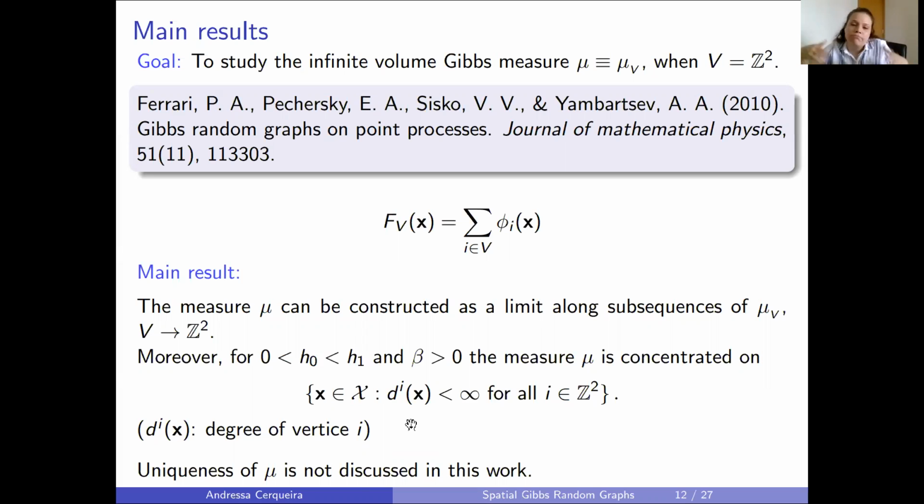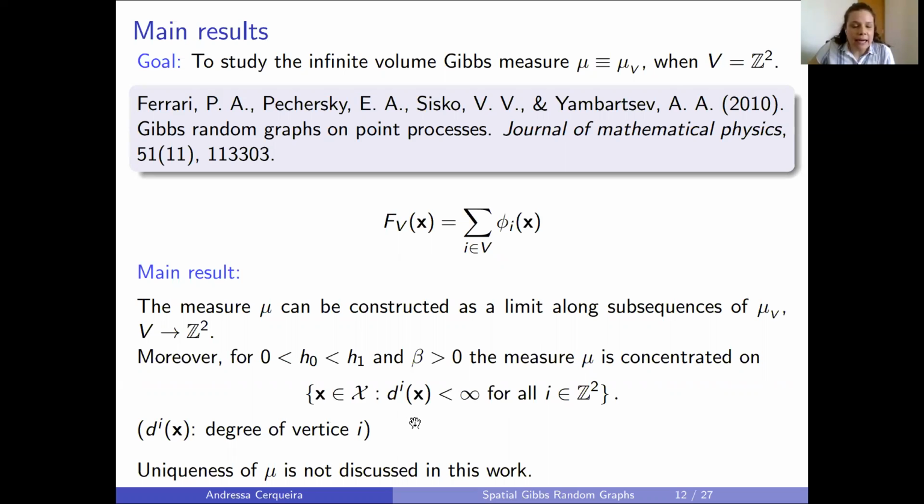Why is that? We can think by intuition that we are penalizing long edges. So we can think that one node is connected to vertices that are close to this one and not to vertices that are far away from this one. And also in this model, they are penalizing degree greater than 2.